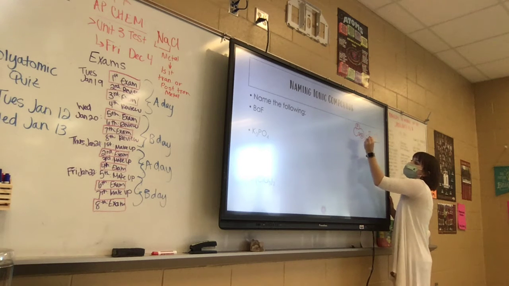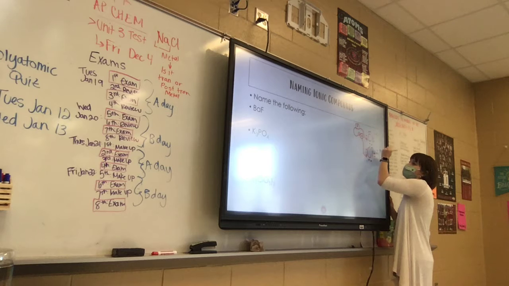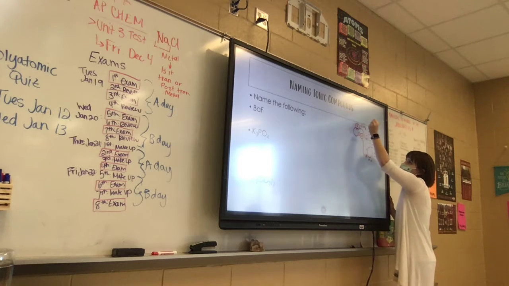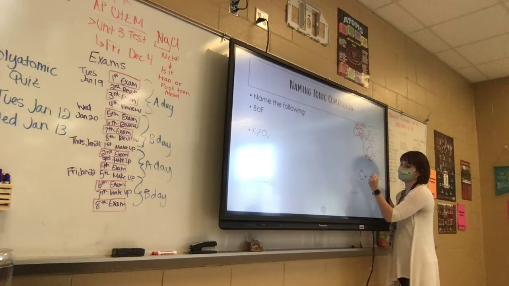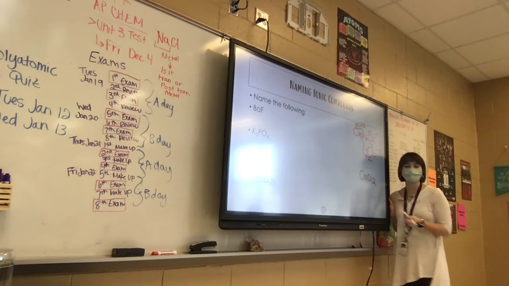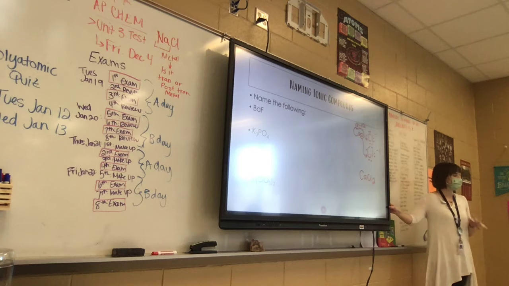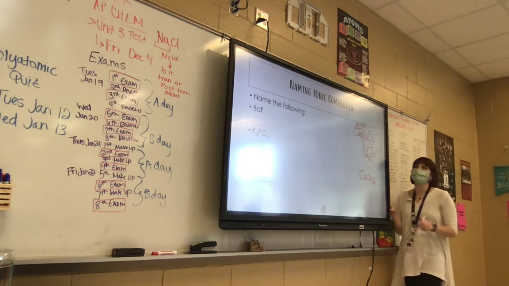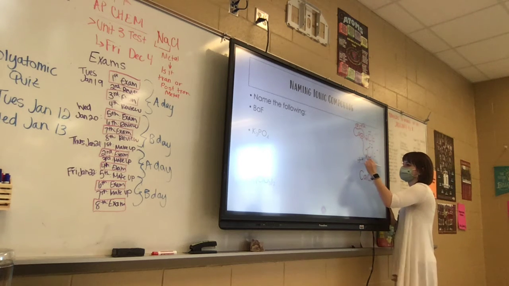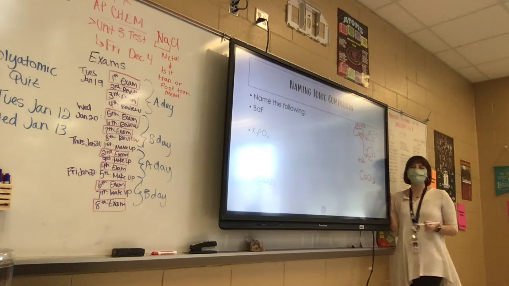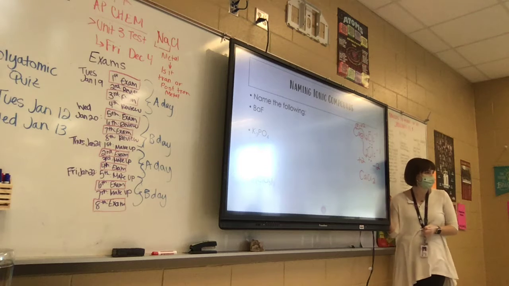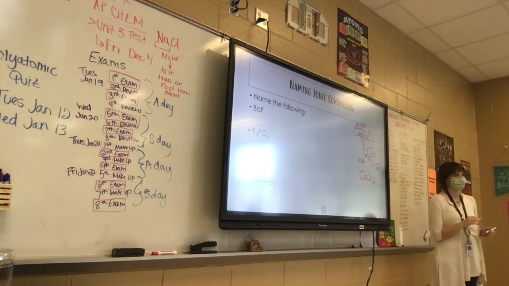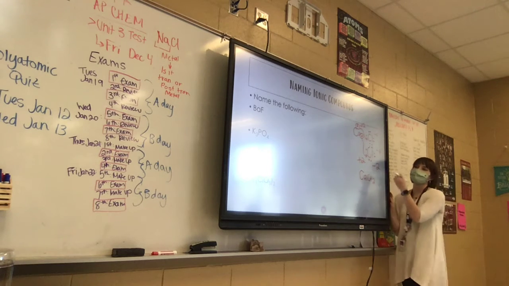So calcium's going to give its second away, and that's going to make this chlorine -1 and this calcium +2. Okay? Now, when I'm writing the formula, though, I have 1 calcium, 2 chlorines. I don't write the ions, right? I don't show the charge because they canceled out. Here, I have an overall charge of +2, whereas here, I have 2 -1s, or an overall charge of -2, right? +2 plus -2 is 0. So these charges have canceled out.